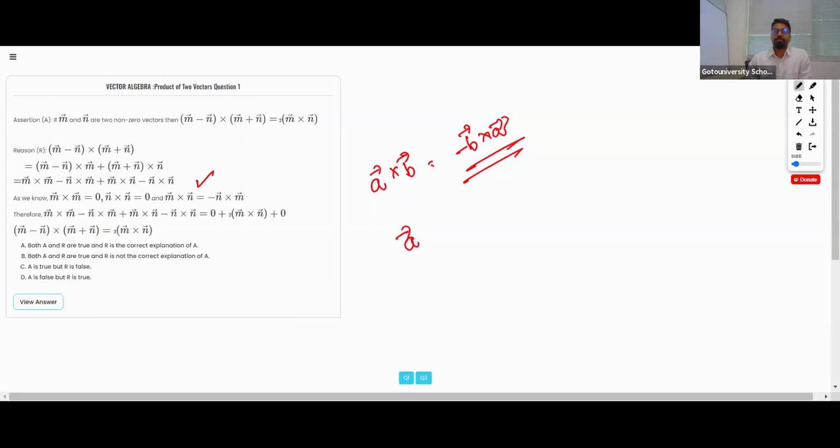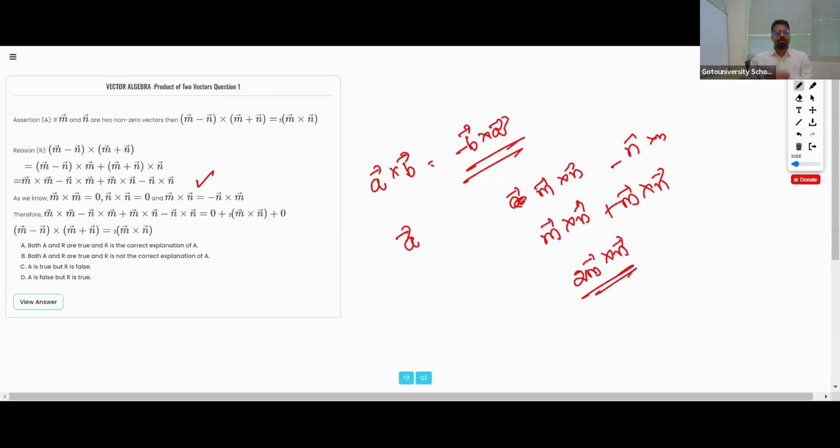That means we can reverse them. So m cross n was there, and I had minus n cross m. When you correct it to the same direction, it will become plus m cross n. Then we added that to get 2 times m cross n. So that's why the reason is a correct explanation for the given assertion.